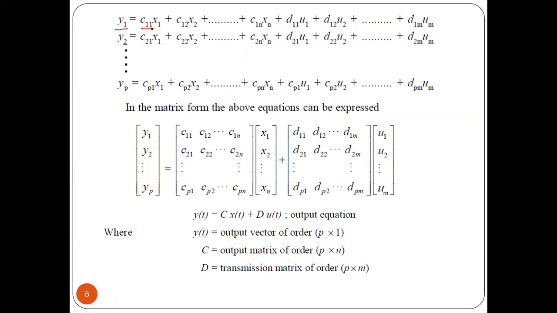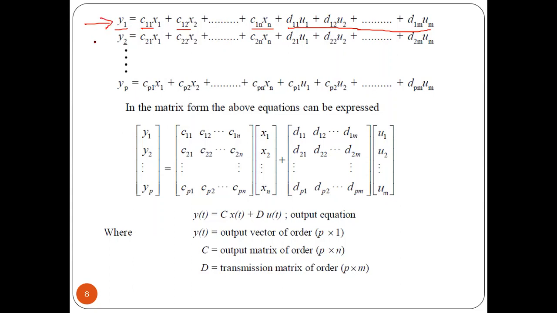Here I assume C11 into x1 plus C12 into x2 and so on, plus C1n into xn. So this is linearly related to the state variables. Similarly, it is also linearly related to the input variables: d11 u1 plus d12 u2 and so on, d1m um. That is only for the y1 variable.